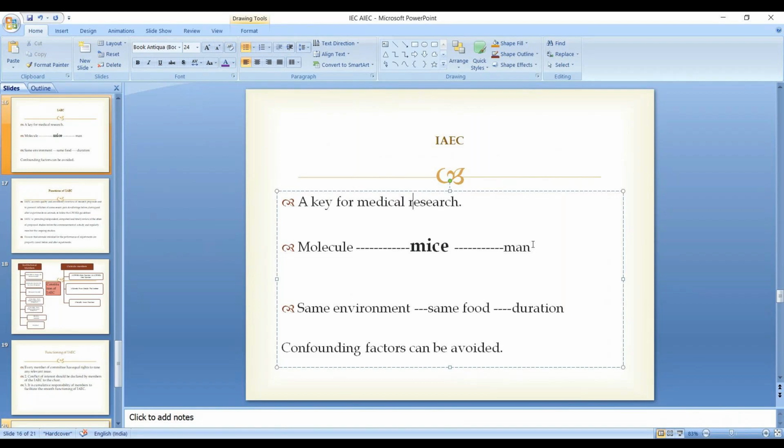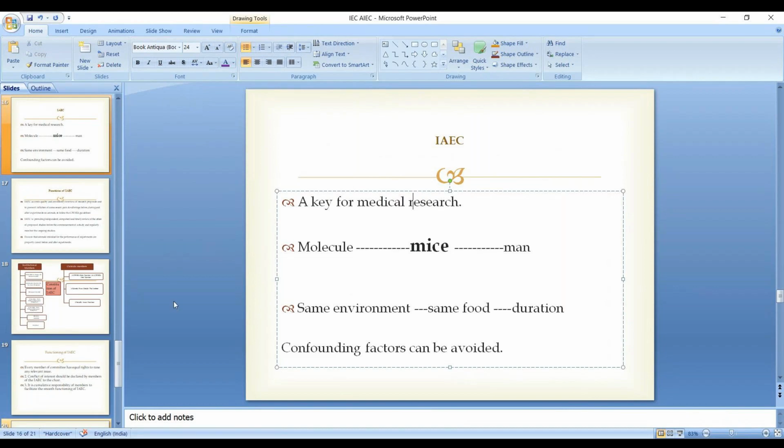The food habits are also different from person to person. But if we see the animals, whenever we are doing the study, we provide the same environment, the same food, and the same duration to all the groups. So the confounding factors can be avoided in animal studies.